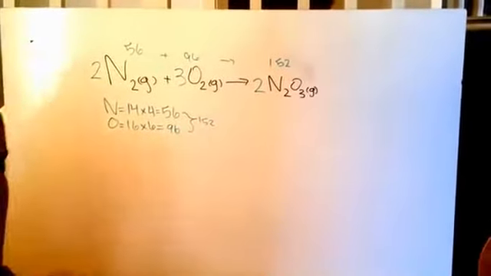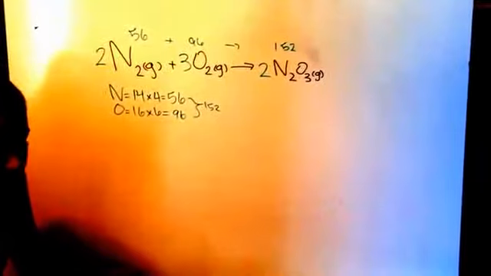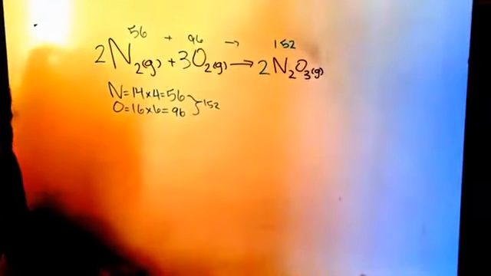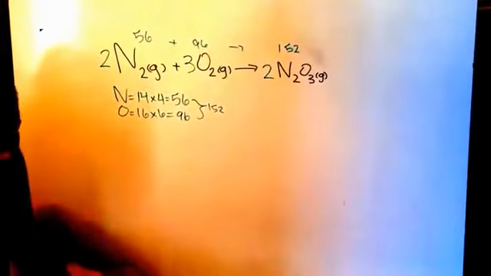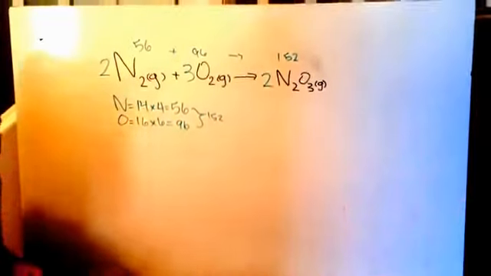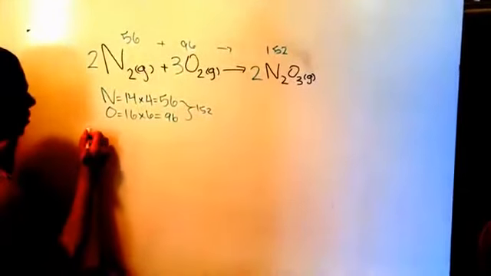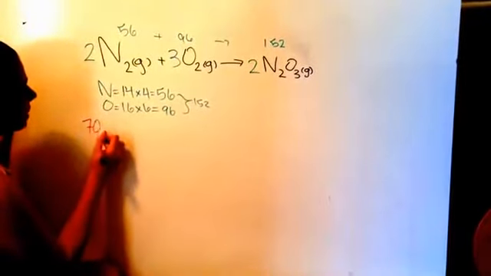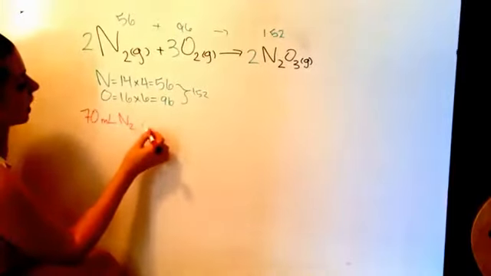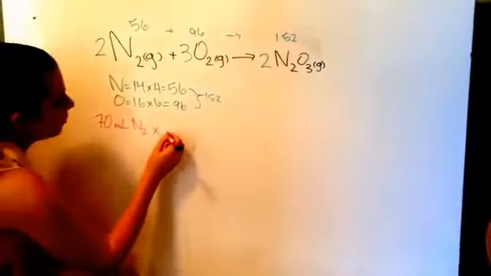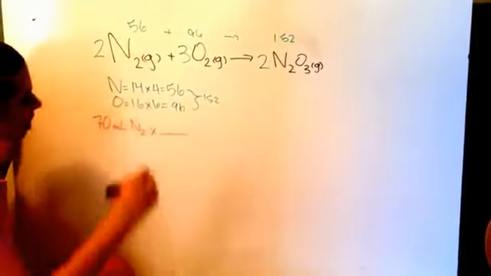Okay, so now we have all that set. We are going to calculate the mass of the product that can be produced from the first reactant. So for the first reactant, they give us 70 milliliters of nitrogen gas. So 70 milliliters of N2 times, you want to find the ratio of oxygen to nitrogen.